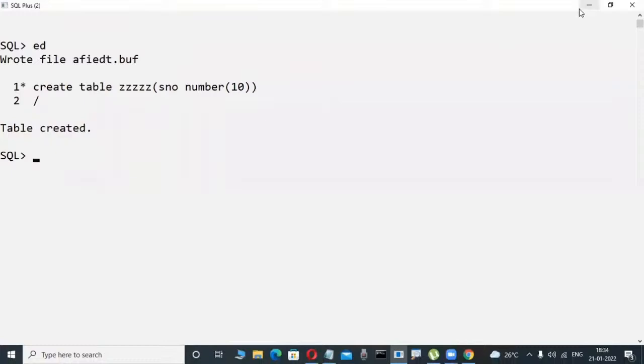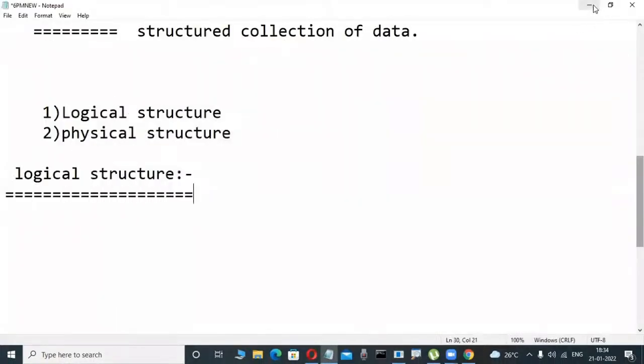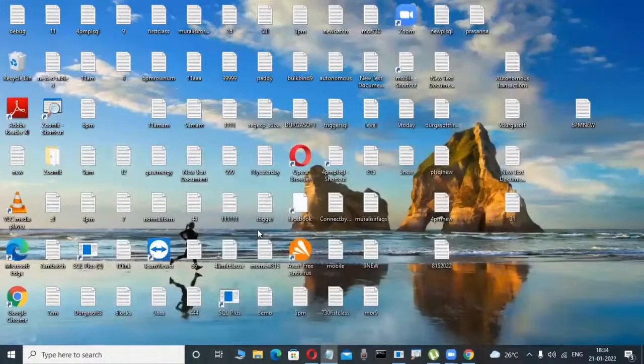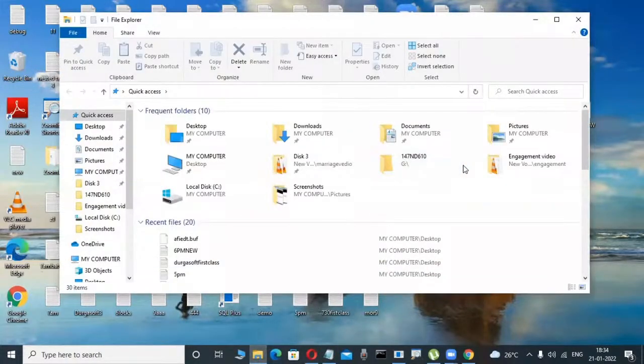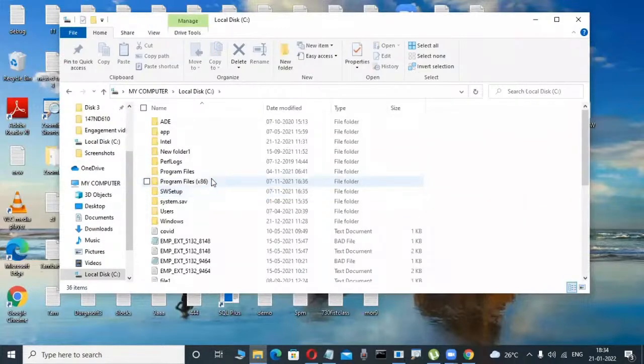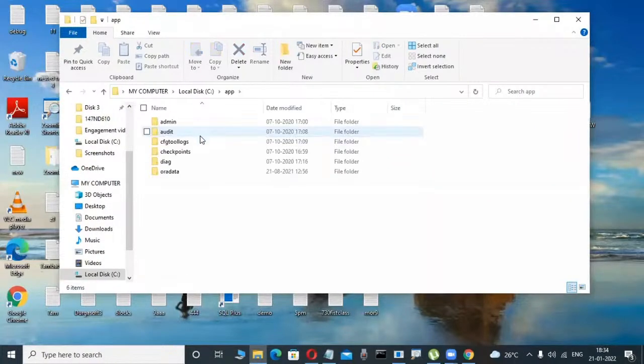Now I'm interested to view whether this table is created in my operating system. Suppose a Windows operating system is there, where I already installed Oracle. In that location, I try to view, for example, in C colon, where the Oracle is there.